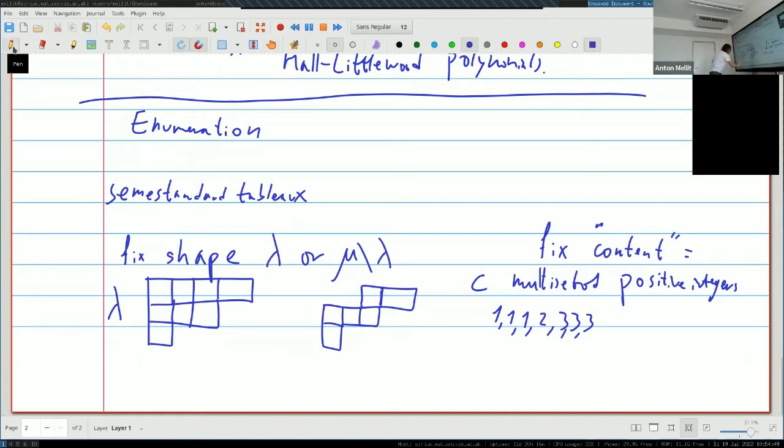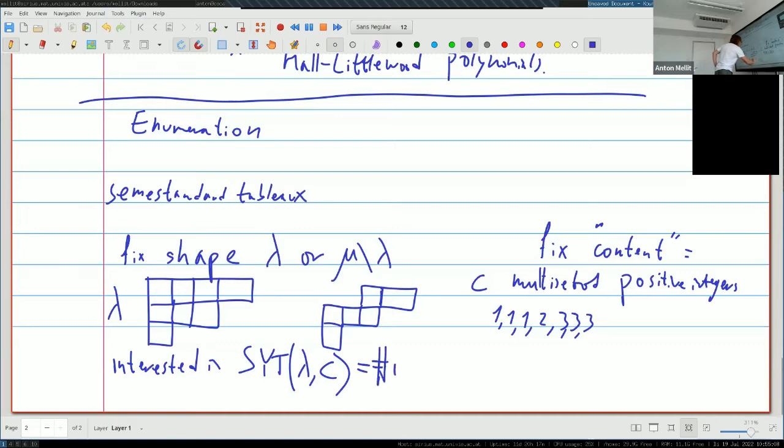I am interested in this number, which I can denote by SYT of lambda, C, which is the number of fillings.